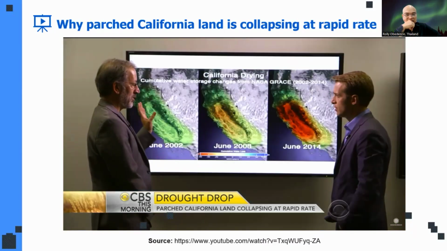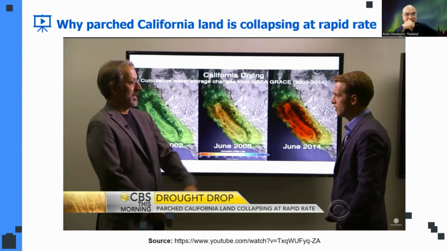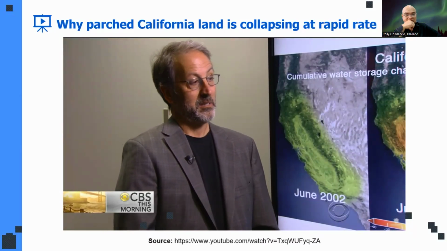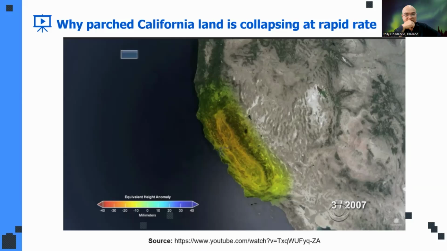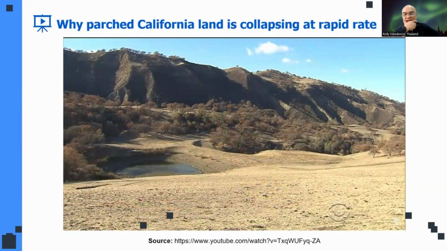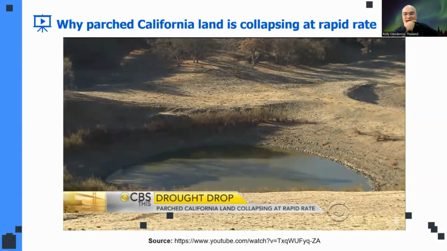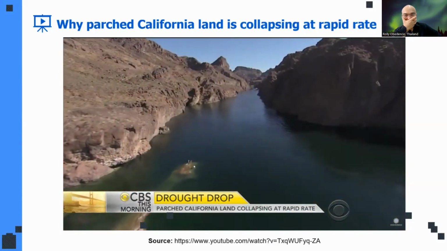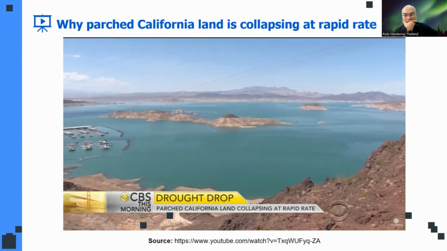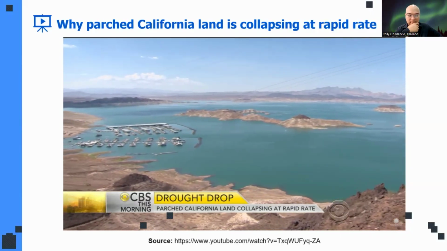So we see this progression from green to yellow to red as the state is literally drying out. NASA's senior water scientist Jay Famiglietti uses satellite data to show the depletion of California's water resources. The state has lost 16 trillion gallons in the past 4 years. That's enough to fill Lake Mead, the largest reservoir in the country, twice.